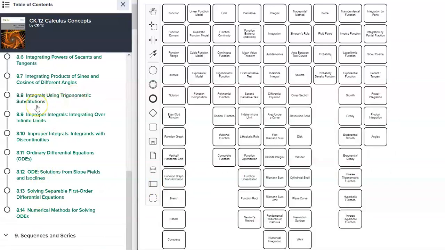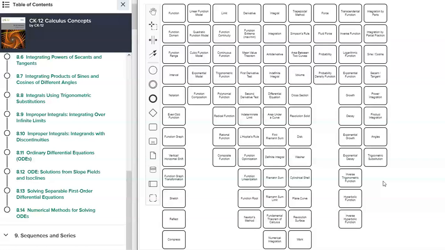Trigonometric substitution. What is trigonometric substitution? And if you're just joining us, when I say trigonometric substitution, you should be saying aloud or in your head trigonometric substitution.